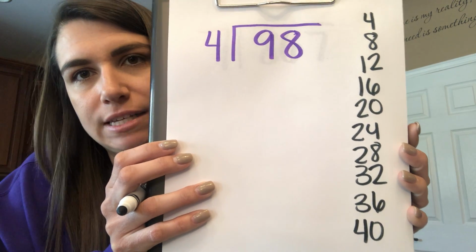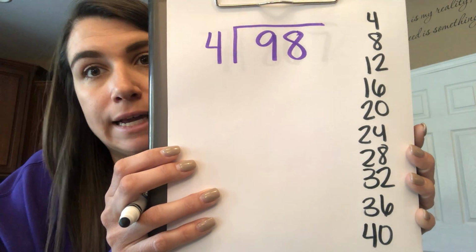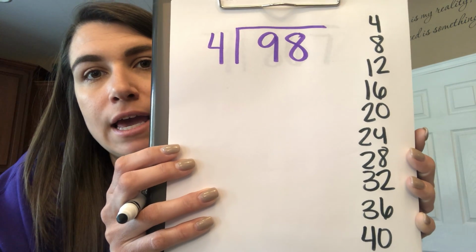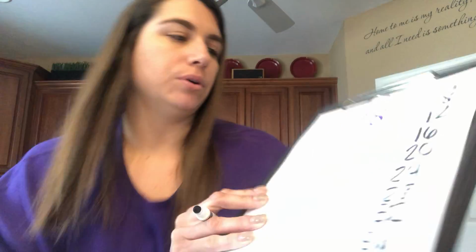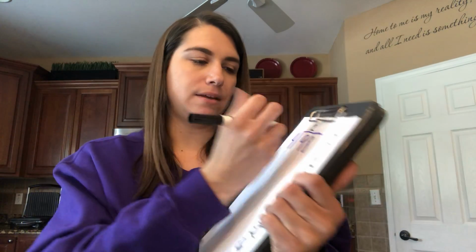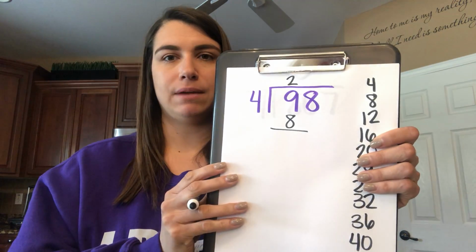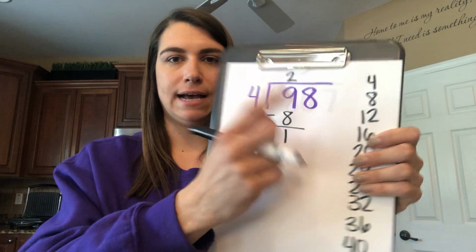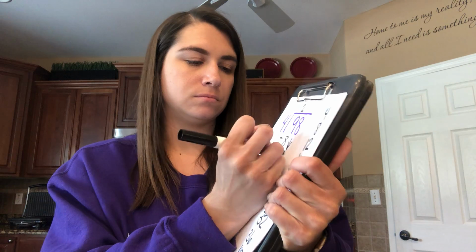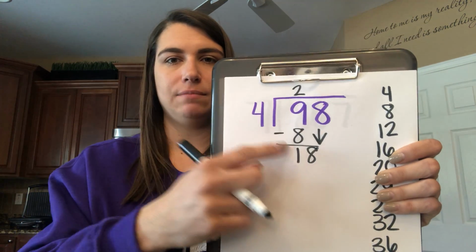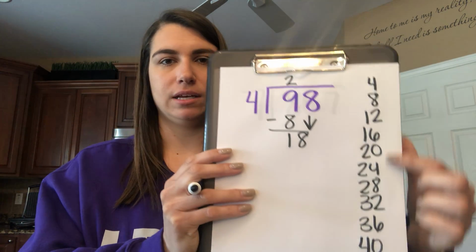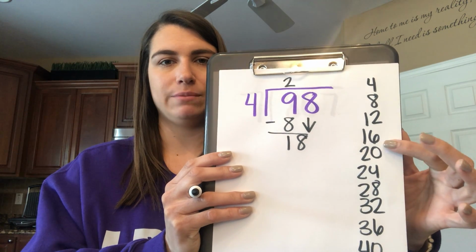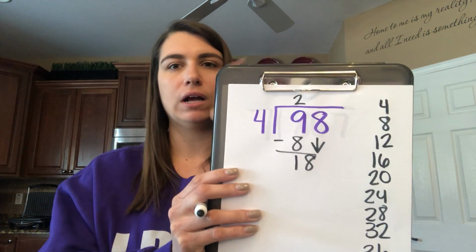All right, so my first step is to see what times 4 is going to get me closest to 9 without going over. And I know that's going to be 2. So I'm going to write a 2 on the top, and 4 times 2 is 8. 9 minus 8 is 1. Bring down the 8. 18 divided by 4. I'm going to look and see what's going to get me close without going over. 20 is going to be over, so I'm going to use the 16, which is 4 times 4.